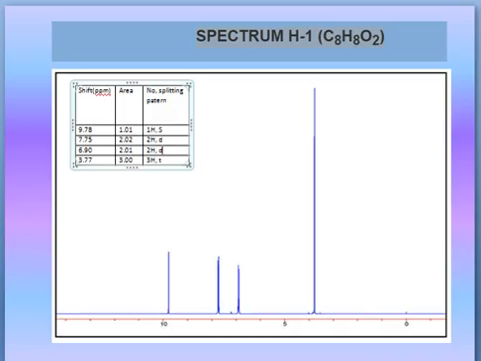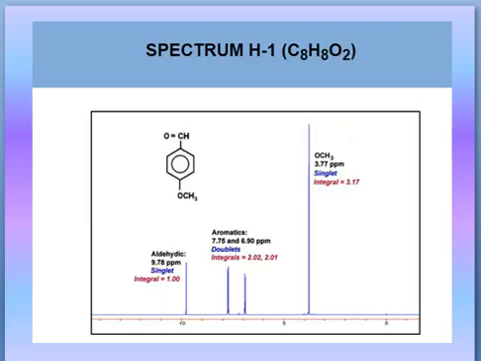So let's see the answer for this molecule. This is the solution of that spectrum. The aldehyde proton is 7.78, singlet. The aromatic protons are 7.75 and 6.90, both doublets, with integral value 2 each. And the methyl is 3.77, singlet, integral 3.